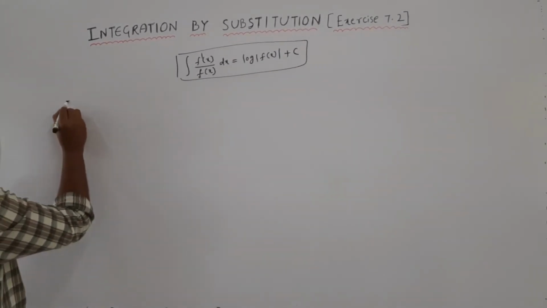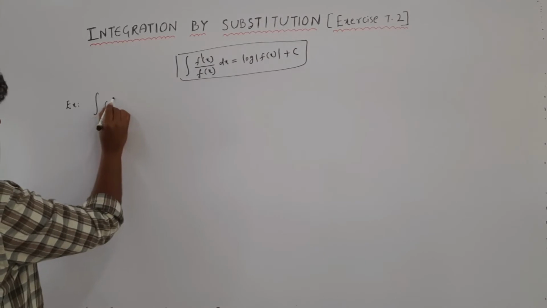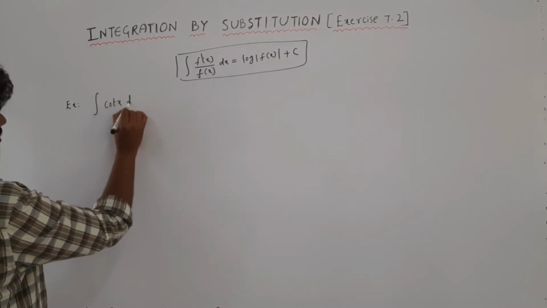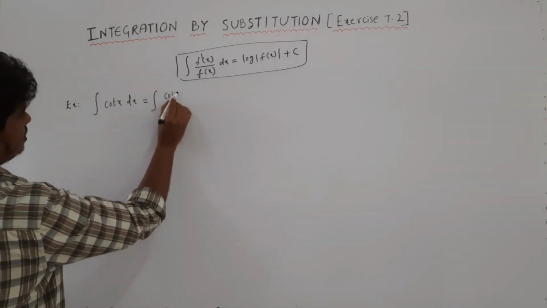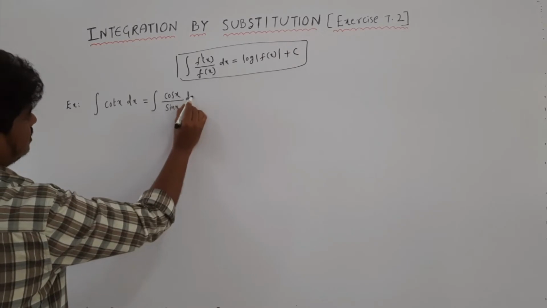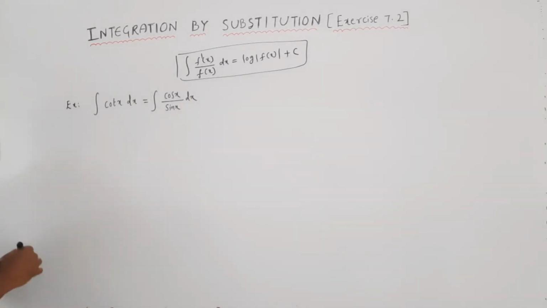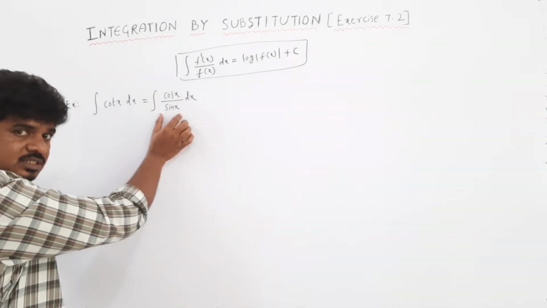Example: what is the integral of cot x dx? Now this is equal to the integral of cos x divided by sin x dx. Here the denominator is sin x.